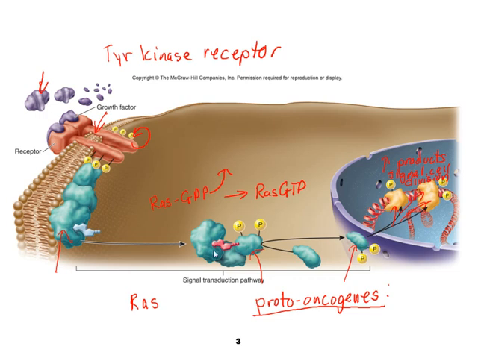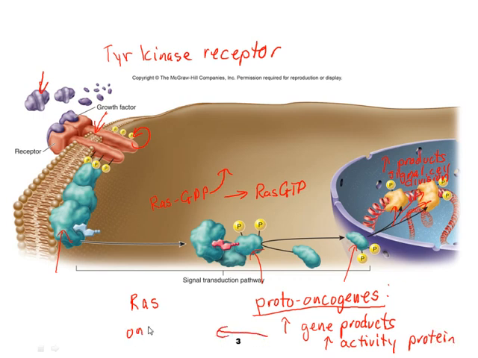However, if those genes undergo mutations, which would cause a rise in gene products, or if we have a mutation that would increase the activity of the protein, that would then cause a proto-oncogene to transform into an oncogene.